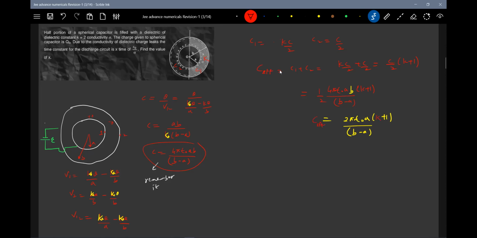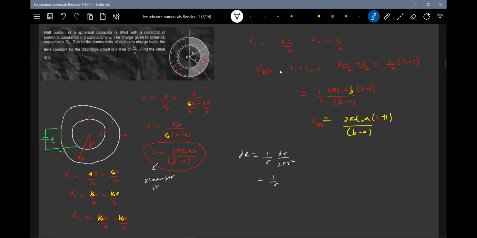This is C effective. What about R effective again? The resistance of this. Only through this part will there be resistance. There won't be any resistance offered by this part. So dR is equal to the resistivity; conductivity is there, so 1 by sigma, rho L by A, with 4 pi R square.